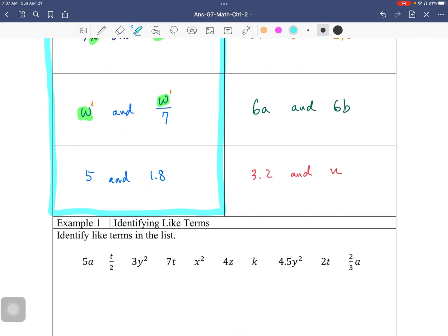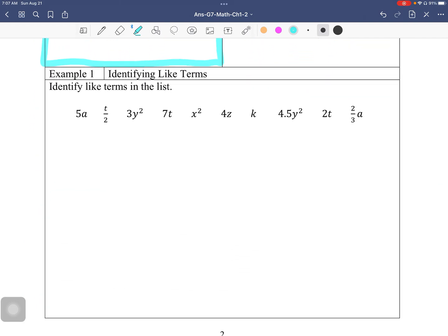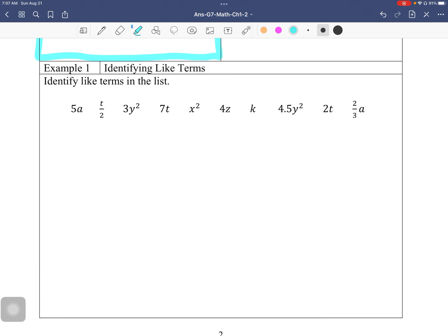So how do we identify like terms? Like terms need to have the same variable and the same power.